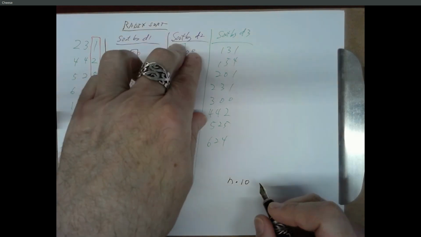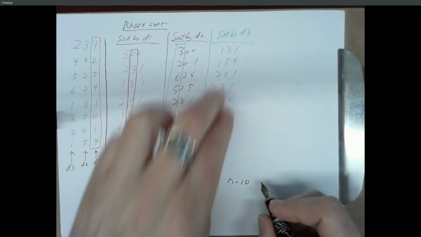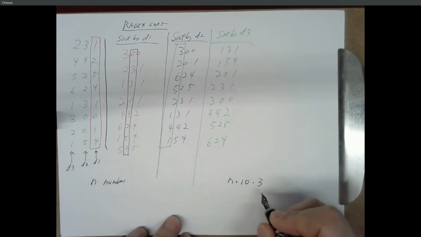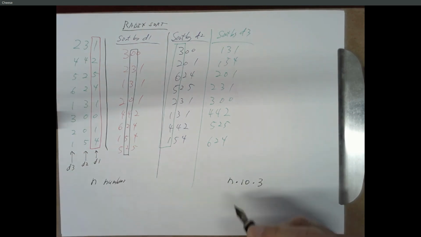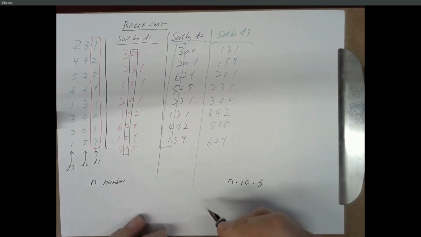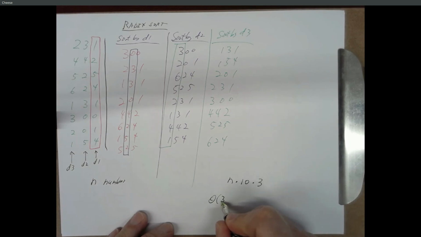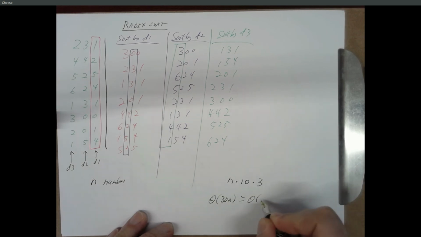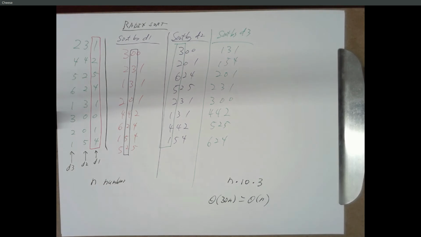That let us complete one of these passes, and we had to do that, in this case, a total of 3 times for the first digit, the second digit, and the third digit. So we ended up doing 30 times n. And O of 30n is the same as O of n.